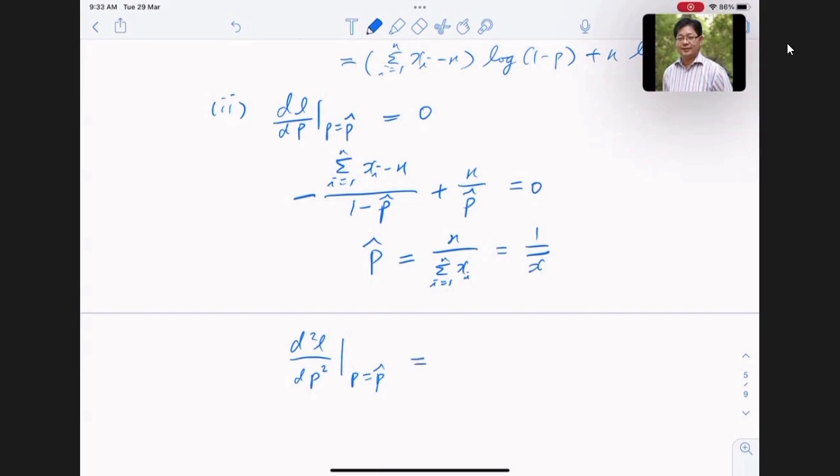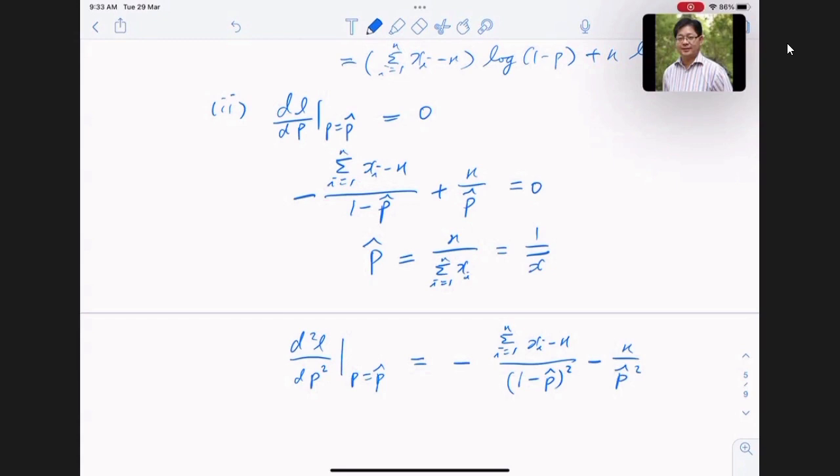So we differentiate this one more time with respect to p and put p equal to p hat. Now this is the crucial part of this kind of question.